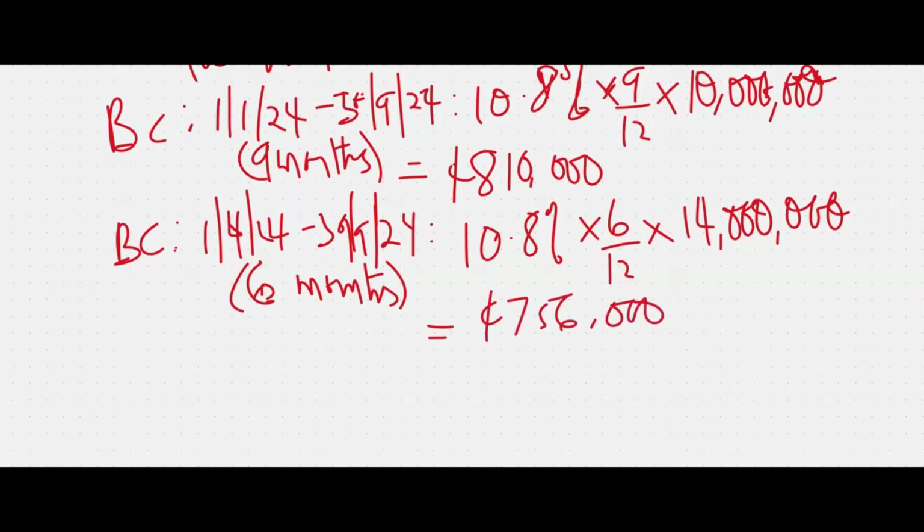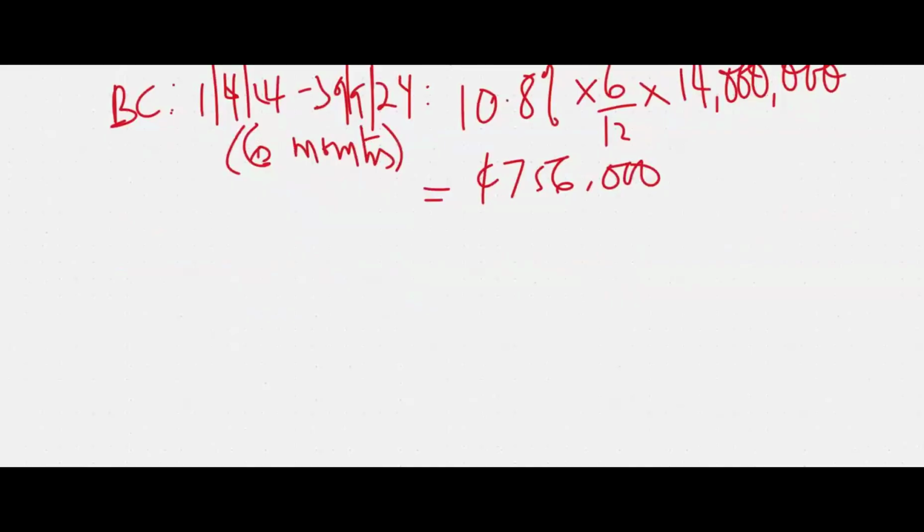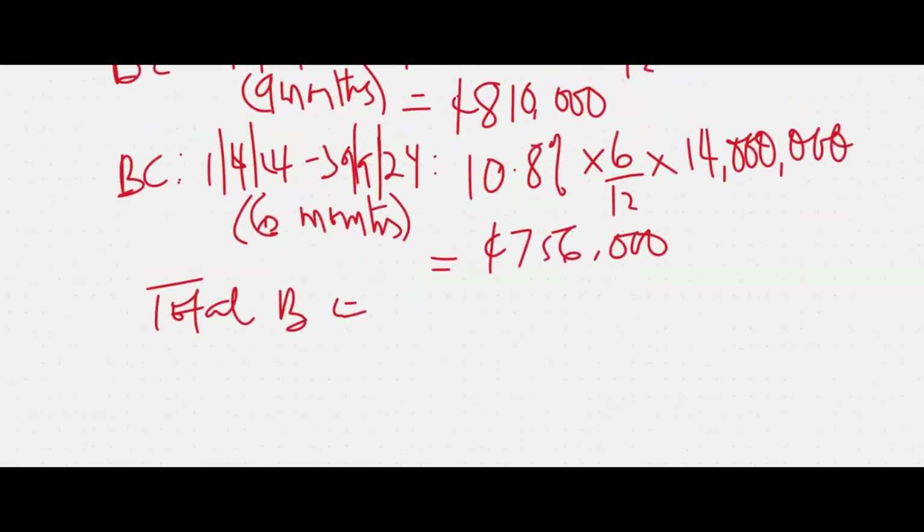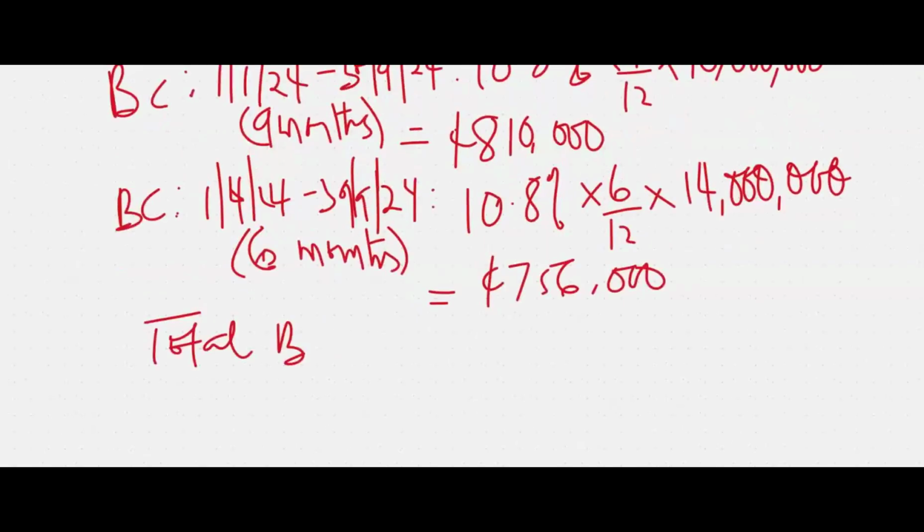So we go up. Total borrowing costs equals 810,000 plus 756,000.